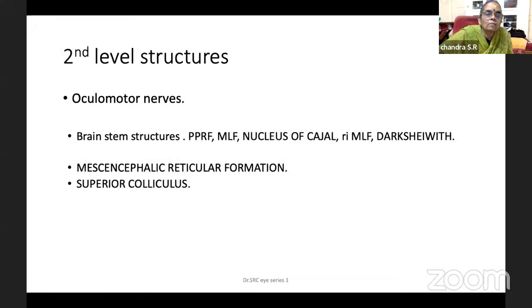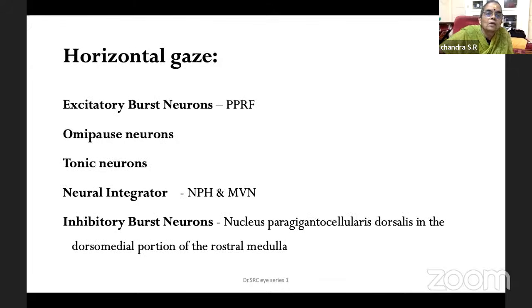Then you have got the oculomotor nerves, the brainstem structures, mesencephalic reticular formation, and superior colliculus. And you have got the gaze center, which consists of, next we saw PPRF, and PPRF is a gaze center, and it consists of what types of neurons? You have got excitatory burst neuron, that is agonist, omnipause neurons that maintain the position.